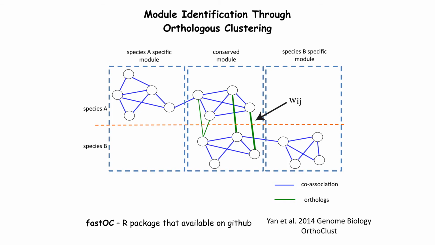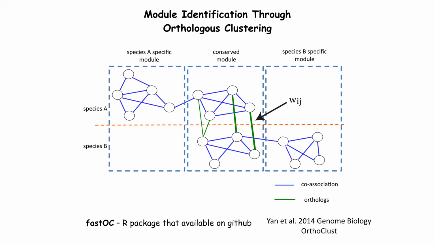This is the approach that we used for analyzing these data from these different species. So in this cartoon here, what we're showing are two species, A and B. And we've created co-expression modules within each of the two species separately, and then we align those, and we need to be able now to identify orthologous relationships among genes within each module.